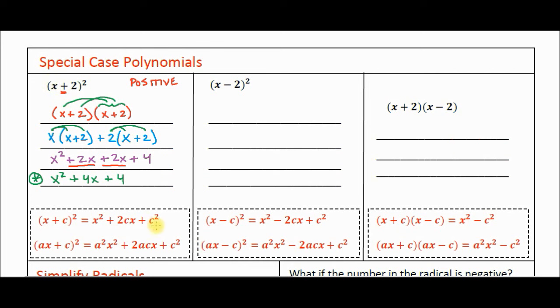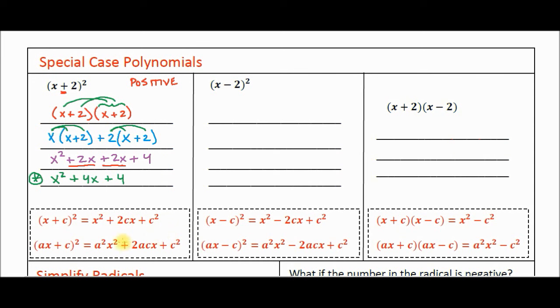So down here in the dashed lines, if you want to write this down, this is what it looks like with all variables. If you have a binomial, let's say two variables, x plus c, quantity squared, the first term of your distributed trinomial will always be the first term squared. The last term will always be the last term of your binomial squared, and the middle term will always be 2 times this value of c, this constant right here, 2 times that, times x.